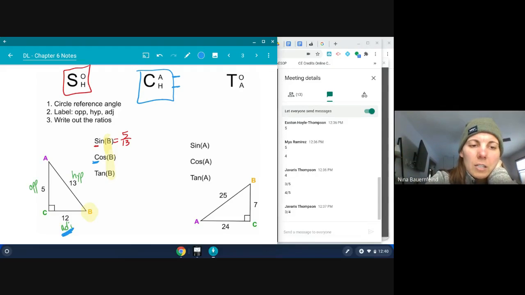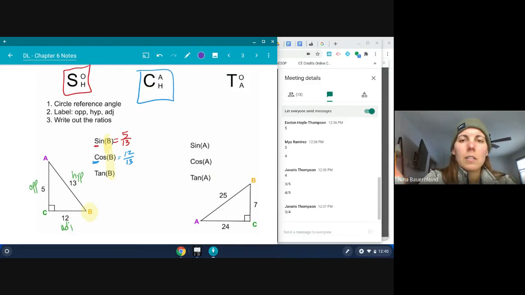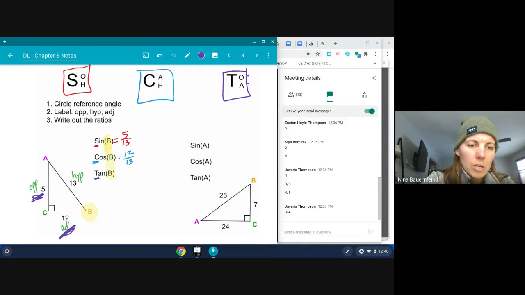So adjacent over hypotenuse, which means 12 over 13. And then the last one is tangent, T tangent, opposite over adjacent. So we're going to go opposite over adjacent equals 5 over 12. Okay?